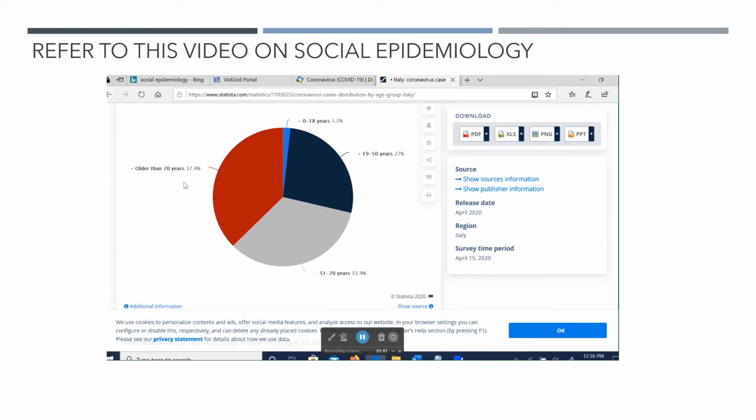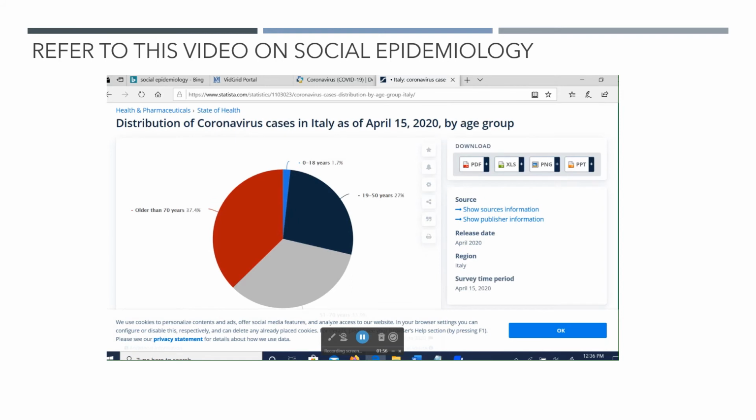So this is one manifestation of social epidemiology, and this pie chart also shows us that for those under 18, the percentage of confirmed cases was less than 2%, and for those 19 to 50, the percentage of cases is less than 30%.